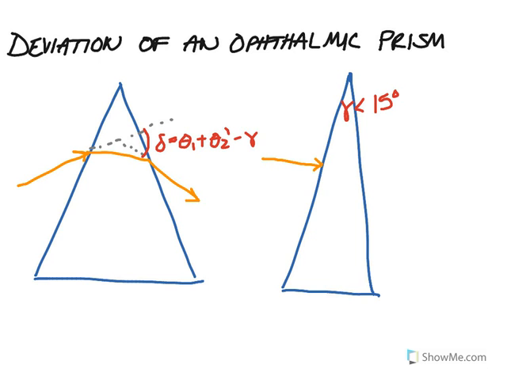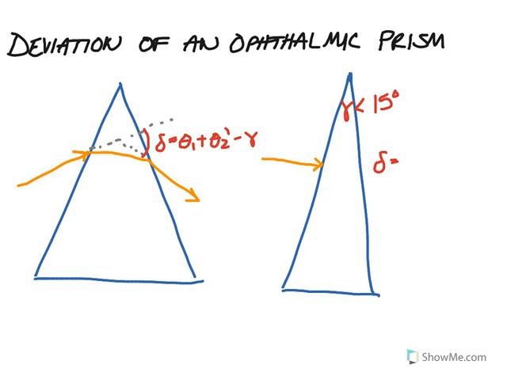And so therefore we end up with very small refracting angles. So our theta 1, theta 2 prime, and everything in between are small. And when these situations are true, then our formula for the deviation can be simplified.